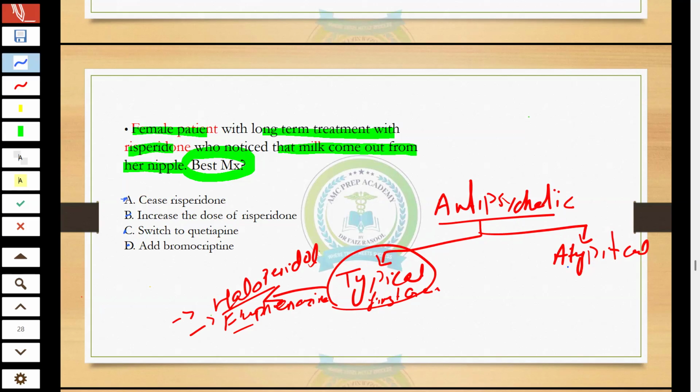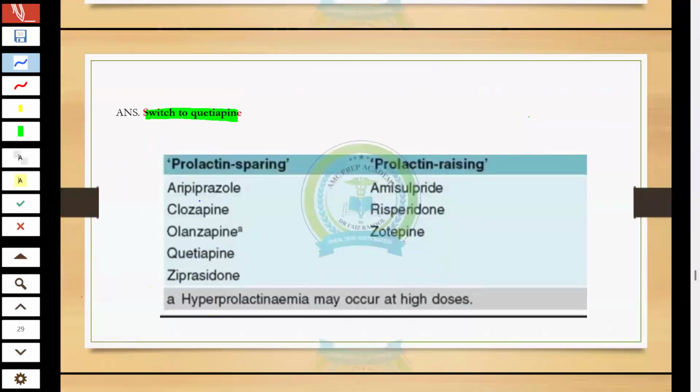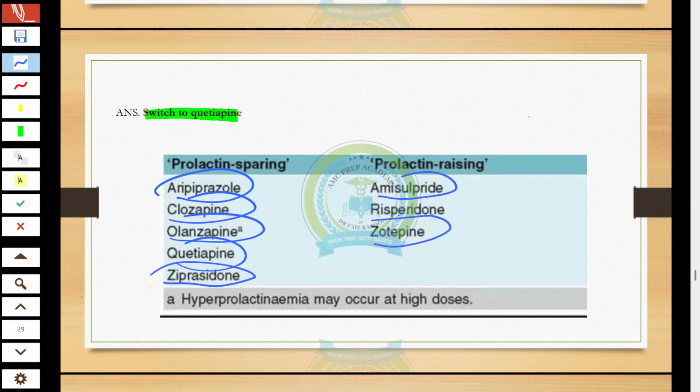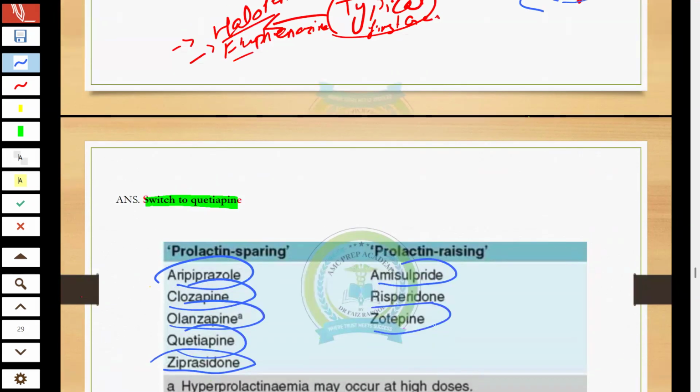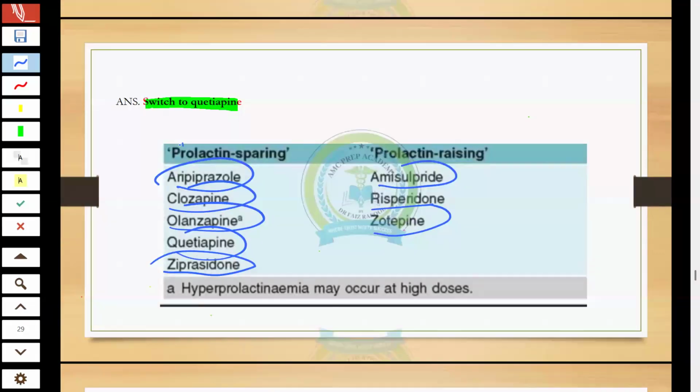So what about the atypical? Our question is from atypical antipsychotics. As you see here, there are a lot of atypical antipsychotics. We have aripiprazole, clozapine, olanzapine, quetiapine, ziprasidone, amisulpride, risperidone, and zotepine. So these are atypical antipsychotics, and nowadays they are the most commonly used.